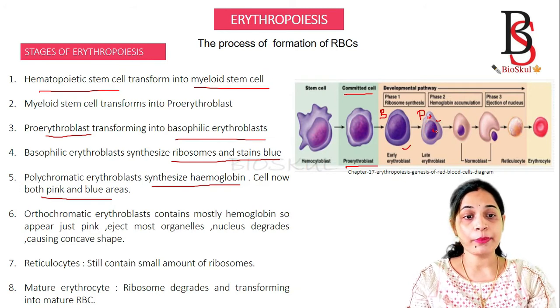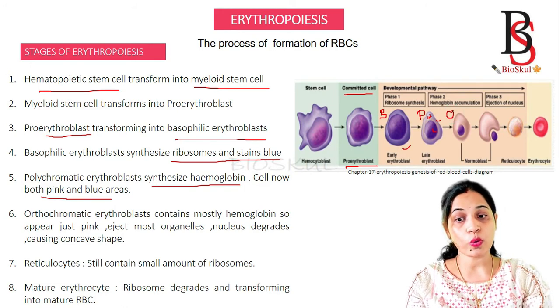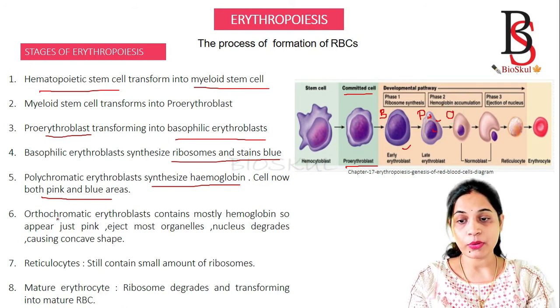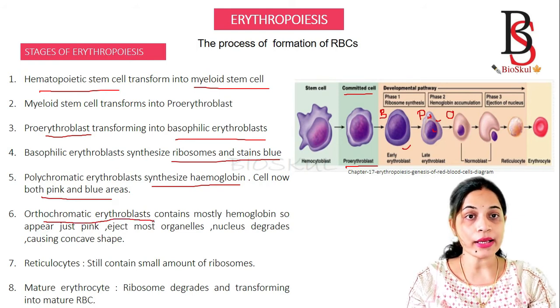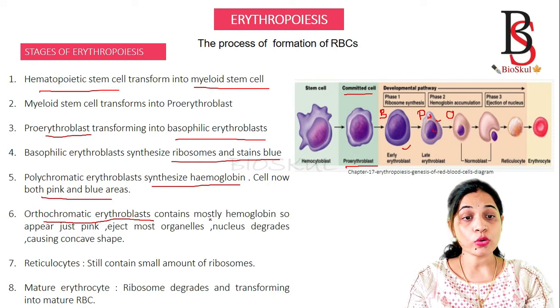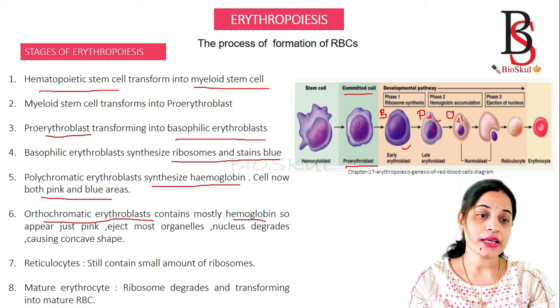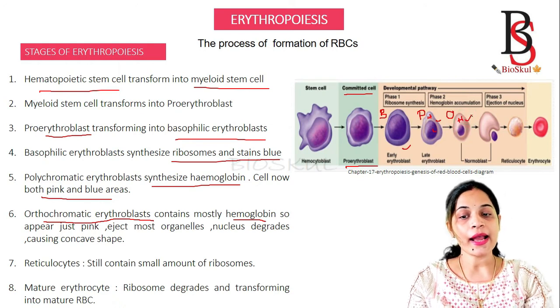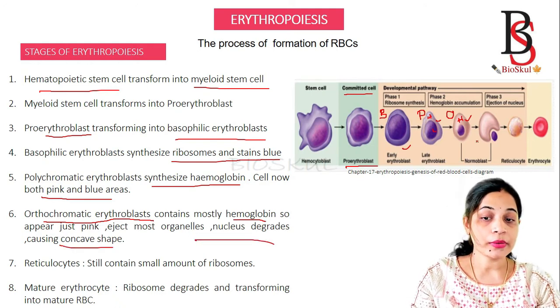Next, the polychromatic erythroblast transforms into the orthochromatic erythroblast. The orthochromatic erythroblast mostly contains hemoglobin, that's why it appears pink in color, and it ejects most of the organelles; the nucleus degrades, and it takes a concave shape.